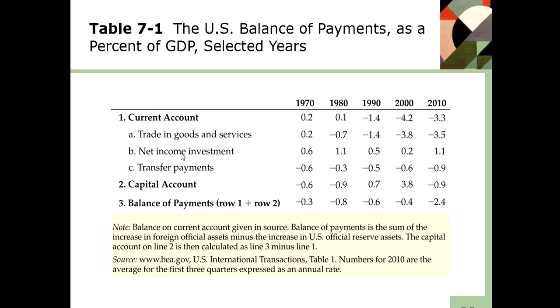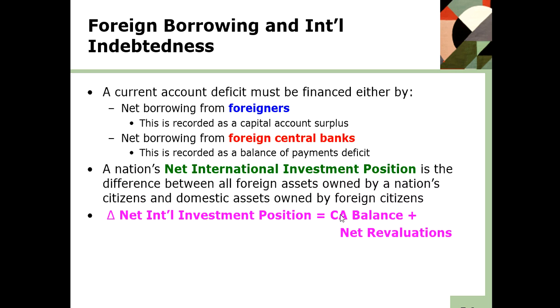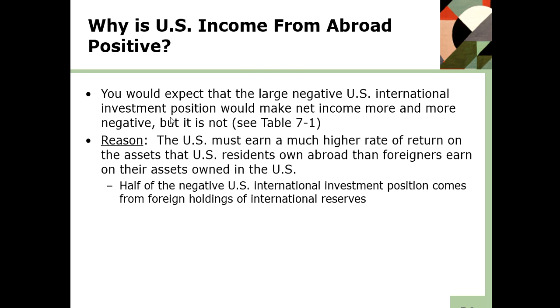Now, net income investment is positive over here. Here one question arises. You would expect that the large negative U.S. international investment position would make net income more and more negative.